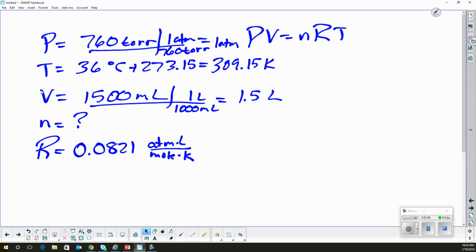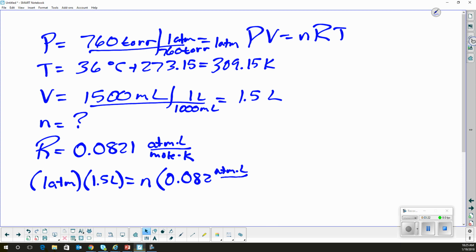Okay, so we're going to take P, which is 1 atmosphere, times V, which is 1.5 liters, equals N, which we don't know, times R, 0.0821 atmospheres times liters divided by mole Kelvin, times T, which is 309.15 Kelvin.